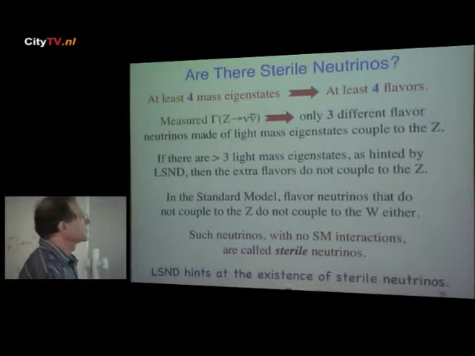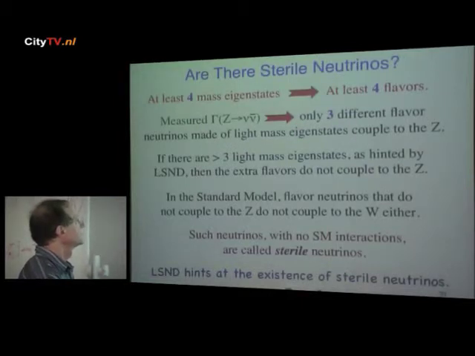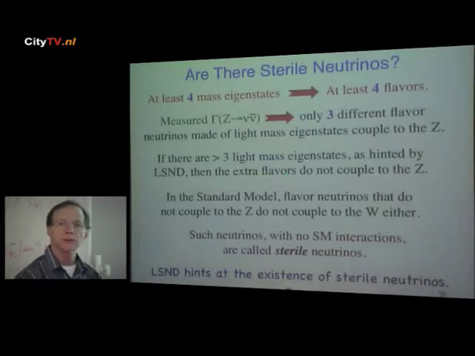So only 3 flavors couple to the Z. Hence, if there are more than 3 mass eigenstates, and hence more than 3 flavors, the additional flavors don't couple to the Z. That's an experimental observable.